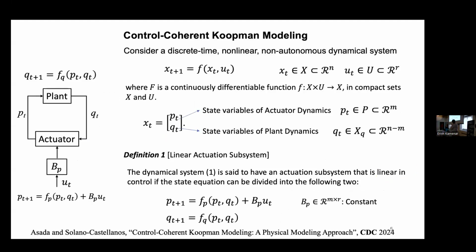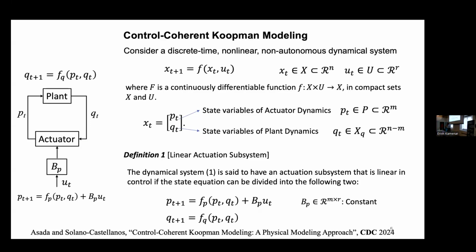Starting with the first one, control coherent Koopman modeling, we start with a standard discrete-time nonlinear set of equations with the control u_t. The key concept is that we split the state variables x_t between the state variables related to the actuator side and the plant side.